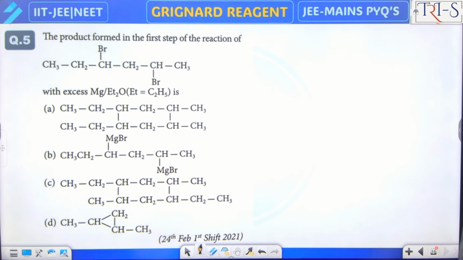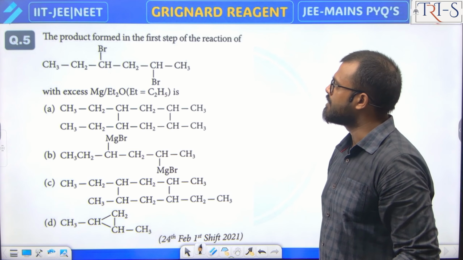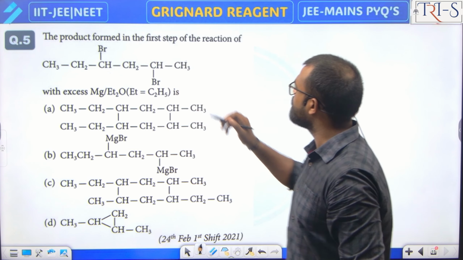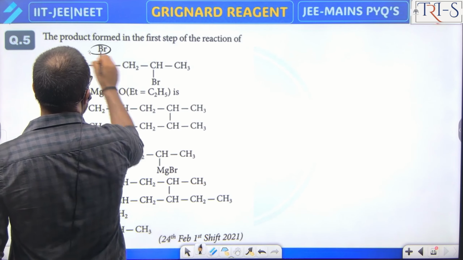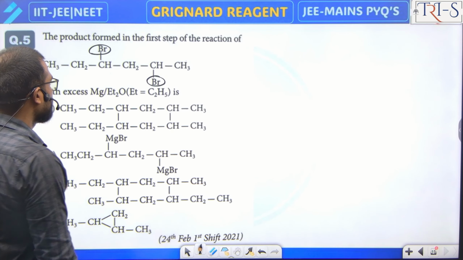Now the next question is the product formed in the first step of the reaction. Here a compound having 2 bromine groups attached.